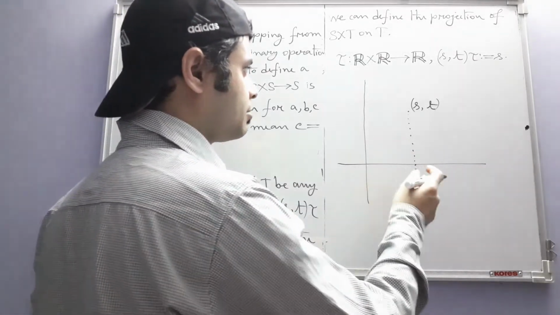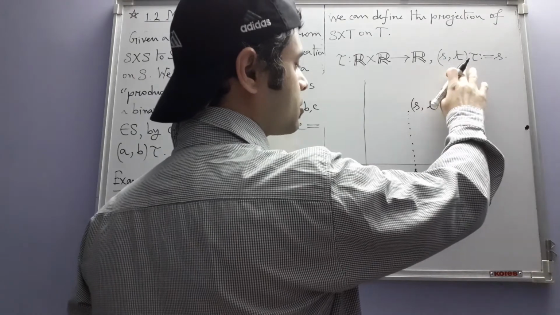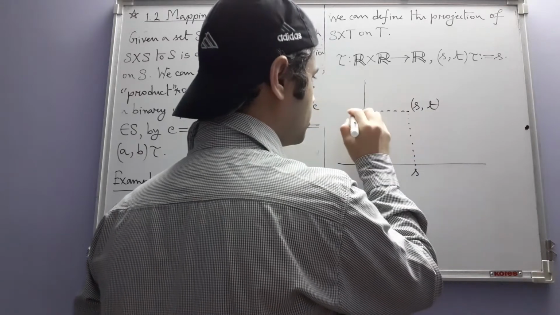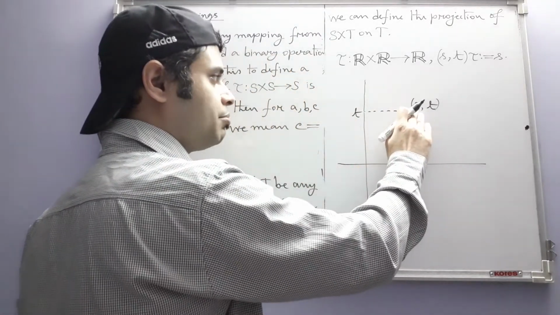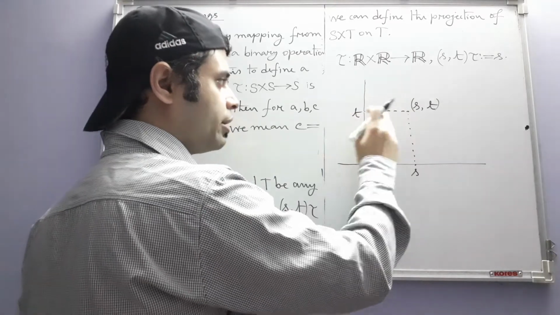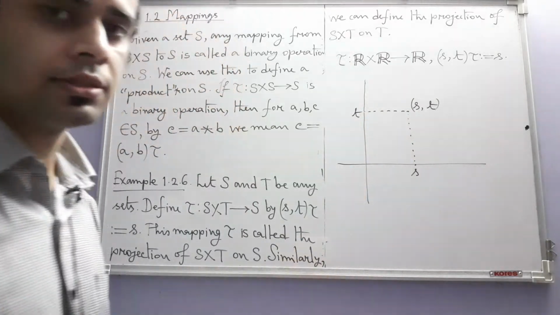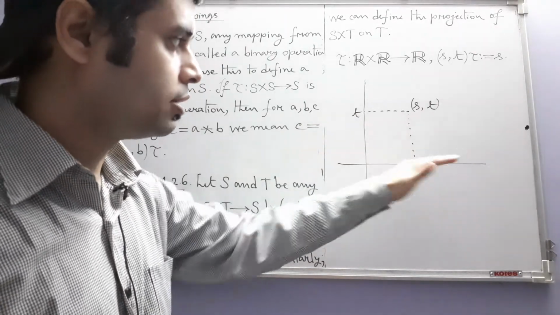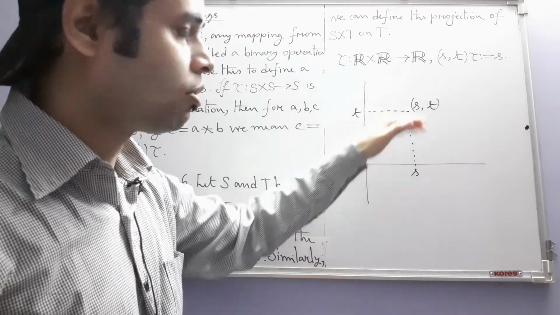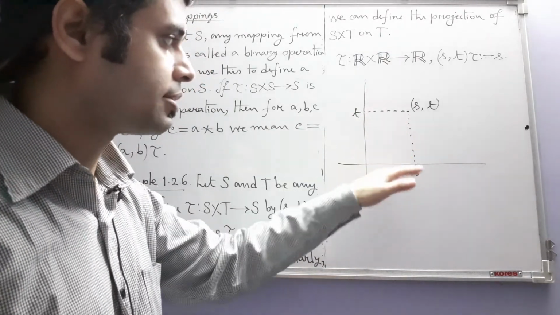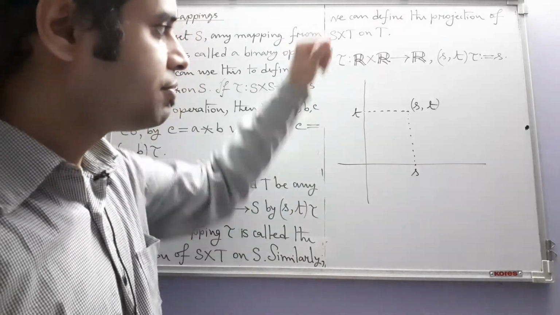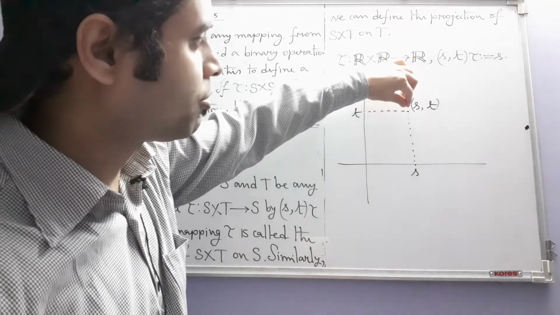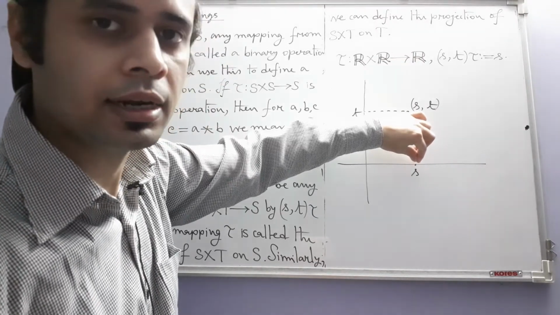If you define another map which maps this ordered pair onto the second coordinate, then it will be like this. It will map the point onto the second axis. These are called projections because we are projecting the point onto the axis, or these can be treated as shadows of the point. If someone is shining a flashlight from above and the point is here, the shadow will lie here, right?